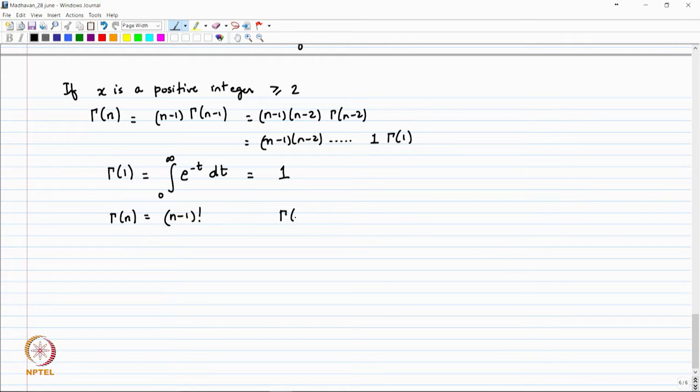So, gamma of x is like a generalization of the factorial function.